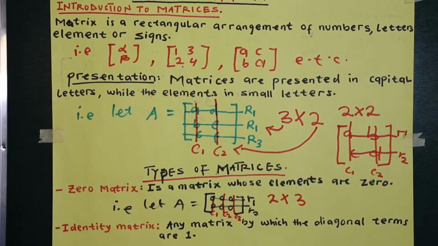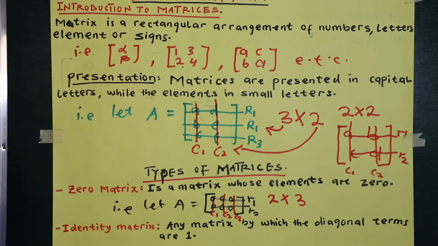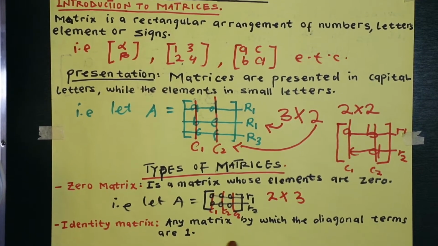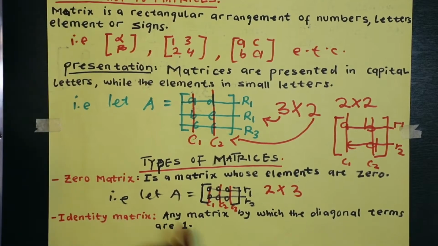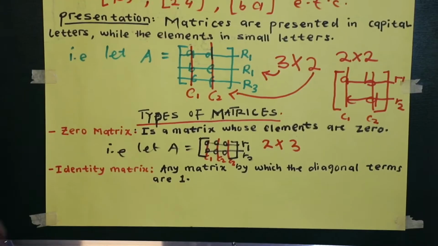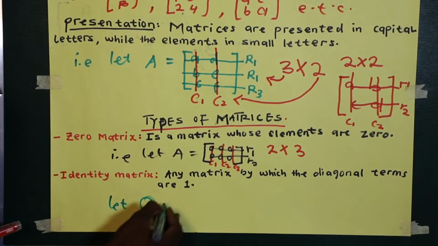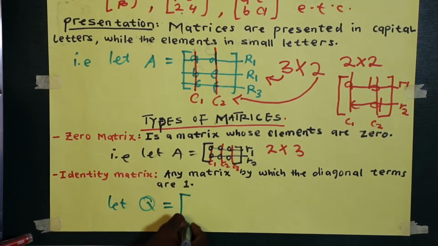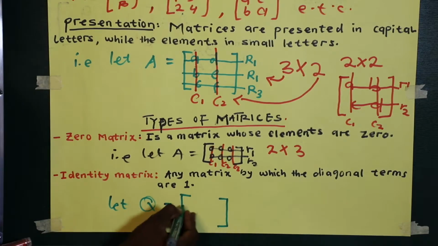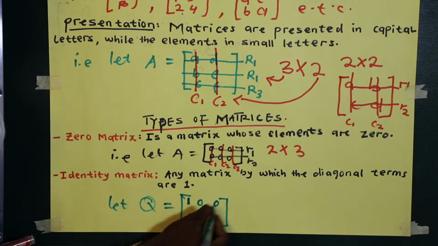We have the identity matrix. Any matrix in which the diagonal terms are 1 is what we refer to as an identity matrix. Let Q be the matrix. When we say diagonal terms, we mean the line crossing here: 1, 0, 0, 0, 1, 0, 0, 0, 1.